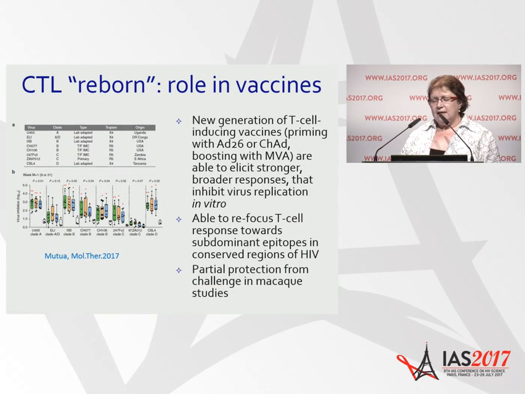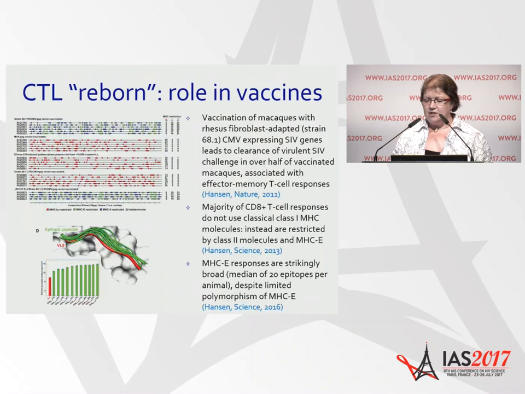And the insertion of predominantly conserved parts of the virus into vaccines has allowed the refocusing of T-cell responses towards very conserved regions of HIV, which are presumably resistant to escape mutation. And as Galit showed earlier, certainly in Dan's studies in macaques, they have provided significant protection against virulent challenge.